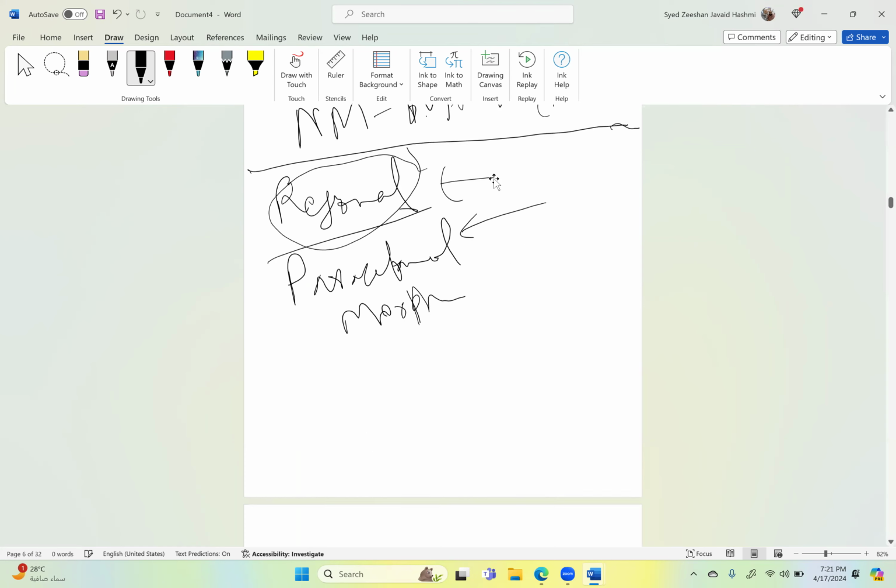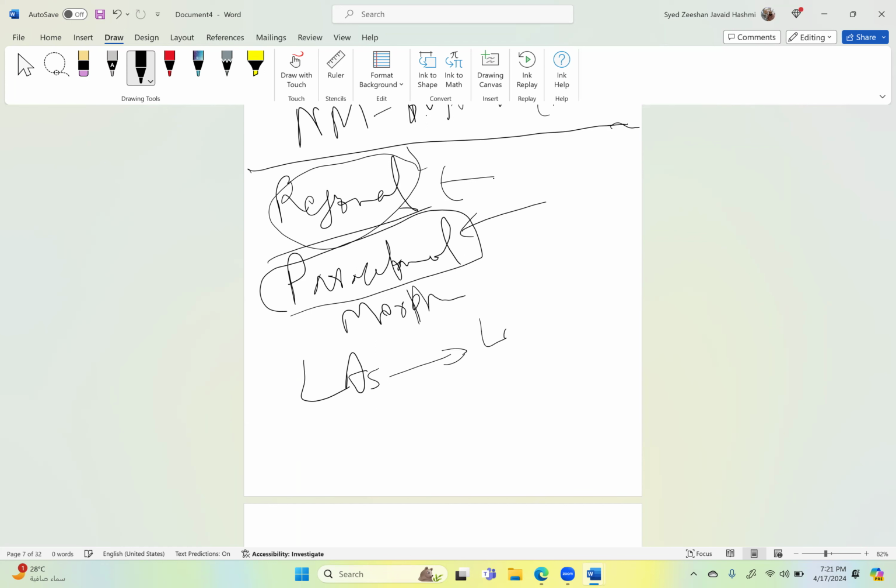Paracetamol is not contraindicated, but maybe you need to reduce the dose, because all the medications, even local anesthetics, are metabolized in the liver, so their metabolism will be delayed and there may be more chances of toxicity.